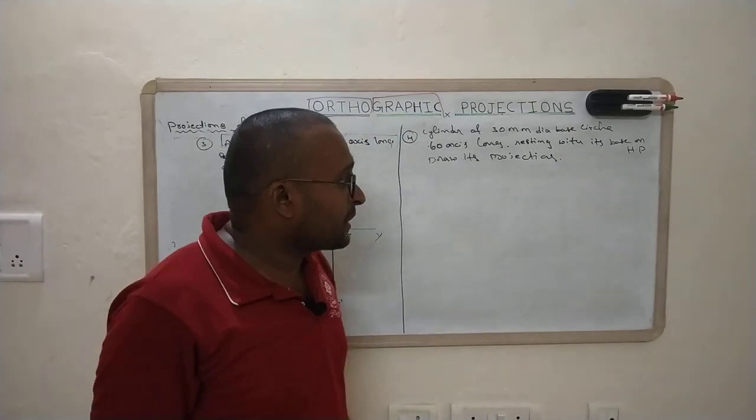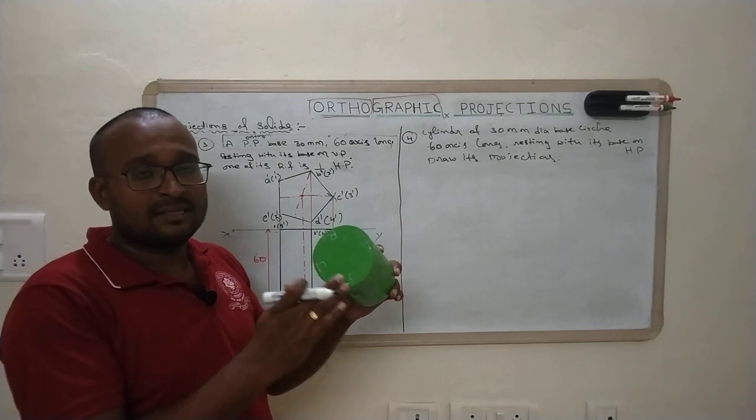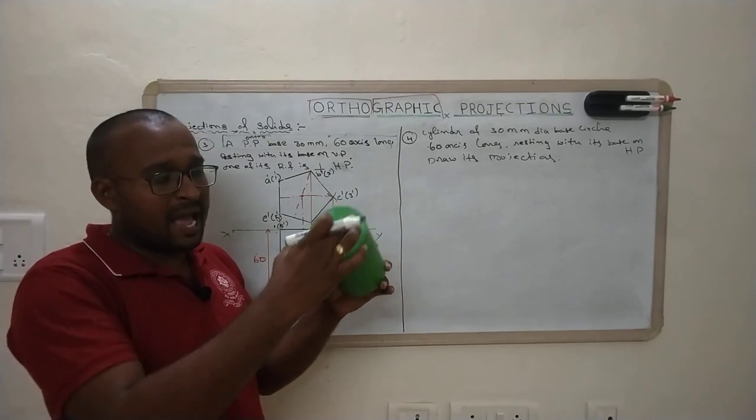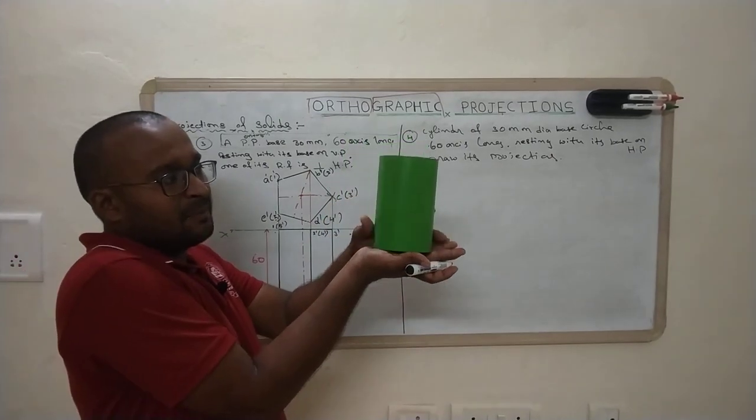Draw its projections. This is the problem statement. Here the cylinder has a base of 30 mm diameter and the axis is about 60 mm long, and it is resting with its base on HP.